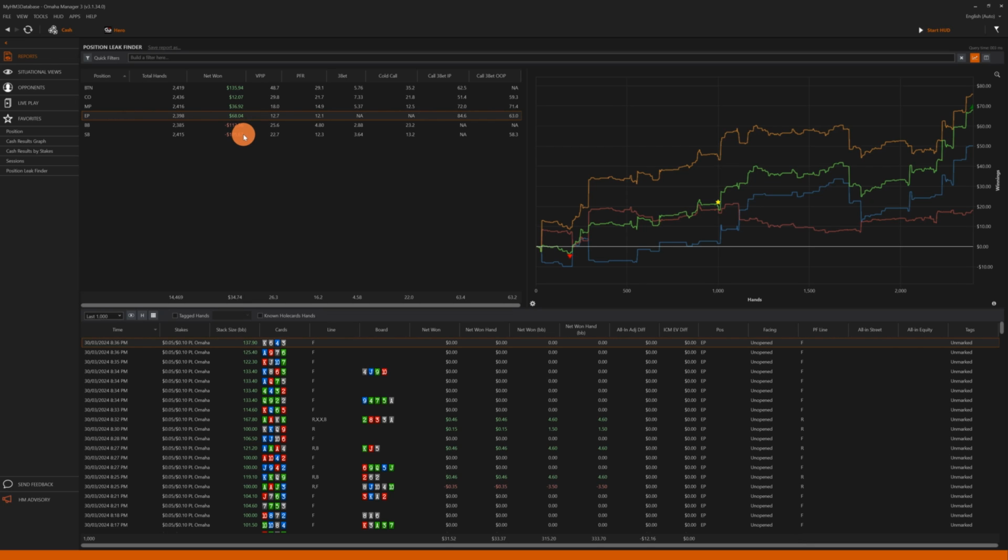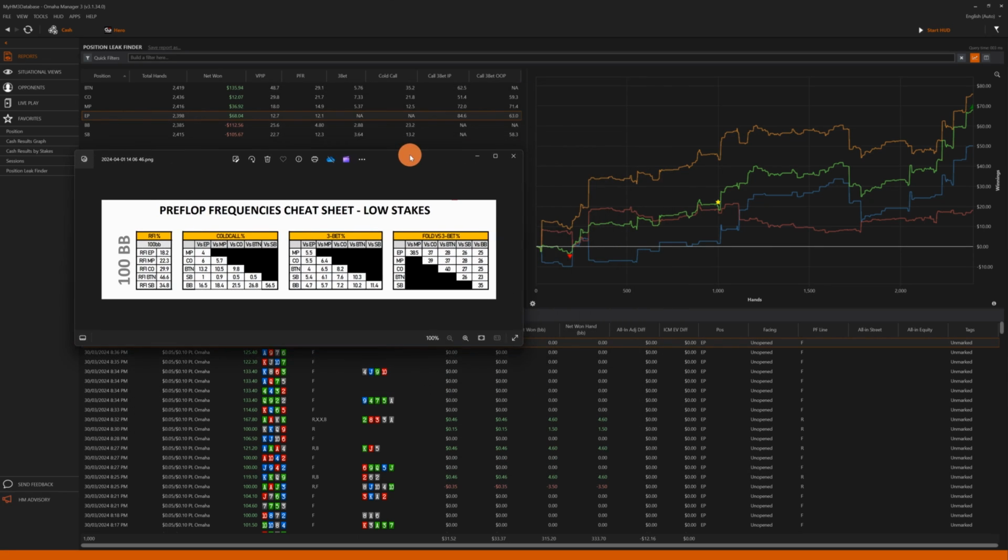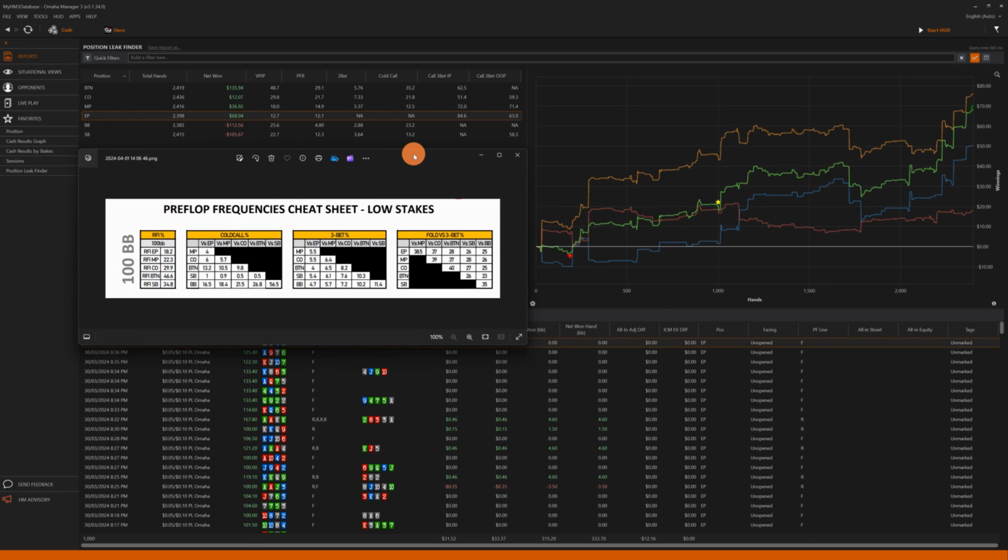We'll pull in some stats now of what I should be doing, like the pre-flop frequencies. I pull over this chart I got off the internet, and as far as I can tell, it's pretty close to correct for low stakes.